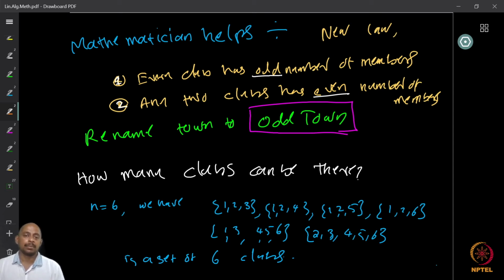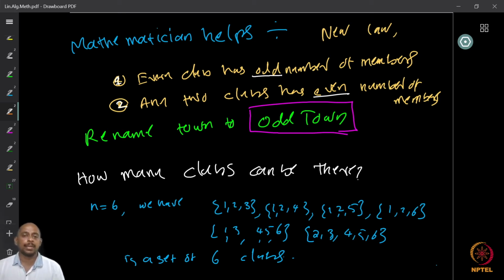Since a club has an odd number of members, you cannot have another set with the same odd number of members, because then these two would have an intersecting set which is odd, and therefore rule 2 would be violated. So rule 2 together with rule 1 implies that rule 3 is always maintained. That is fine.